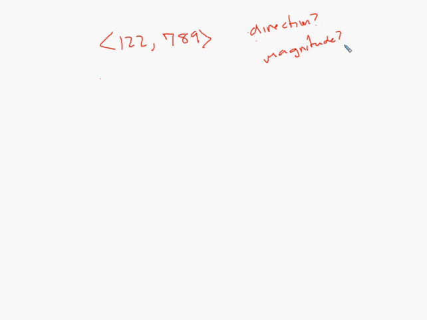And I can get that from our component form here. So let's get the magnitude. The magnitude of this net force is going to be the square root of 122 squared plus 789 squared.